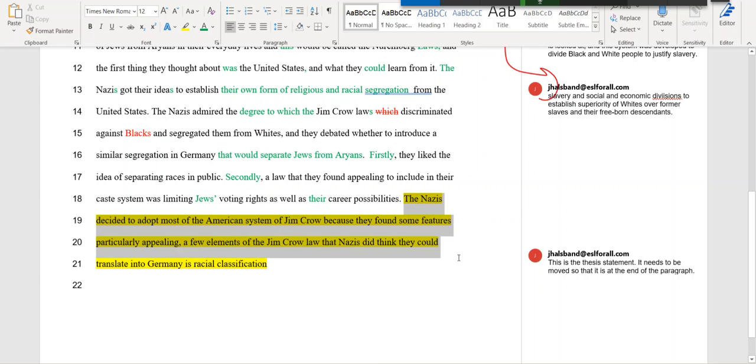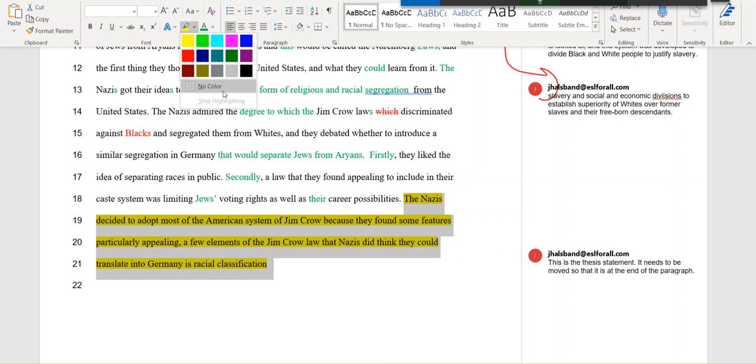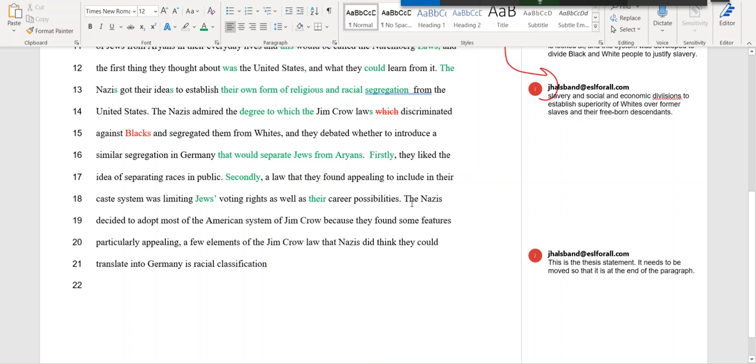The Nazis decided to adopt most of the American system of Jim Crow because they found some features particularly appealing. Sure.